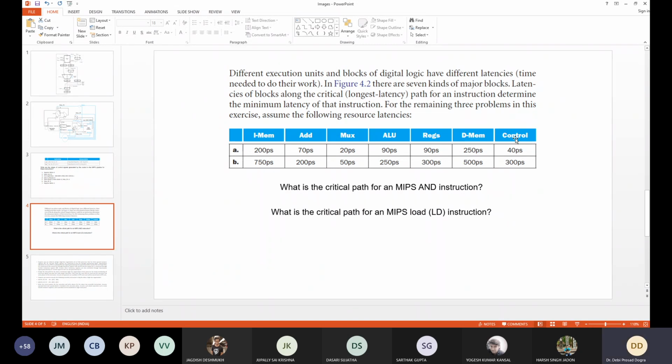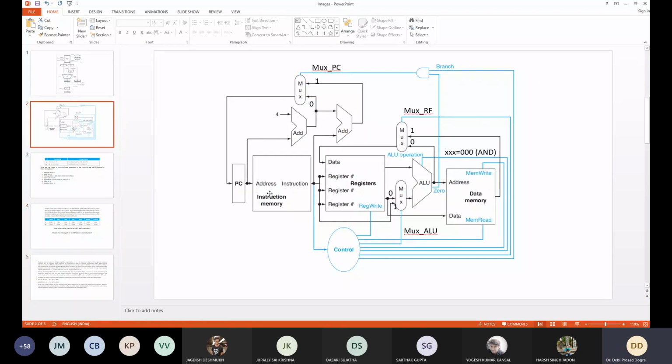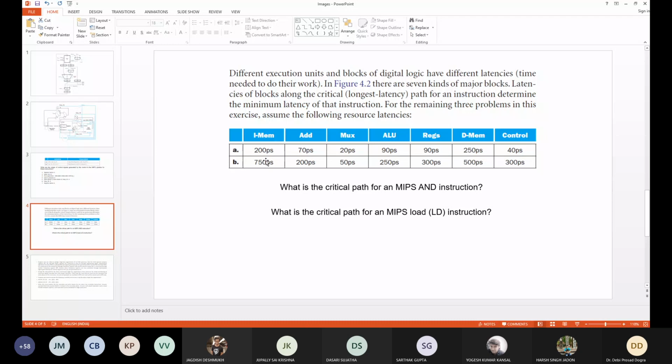So let's take the first instruction, the AND instruction. What does it do? The AND instruction is initially read from the instruction memory, which takes 200 picoseconds. So what is the critical path of a MIPS instruction?